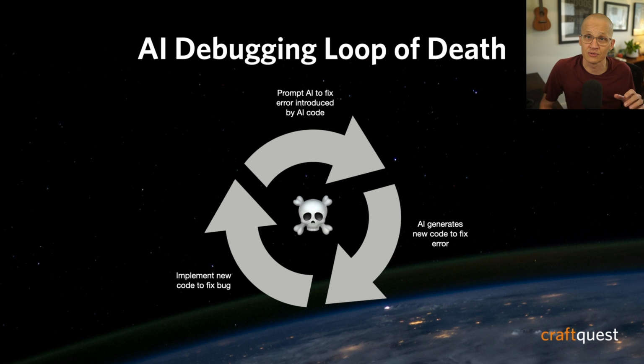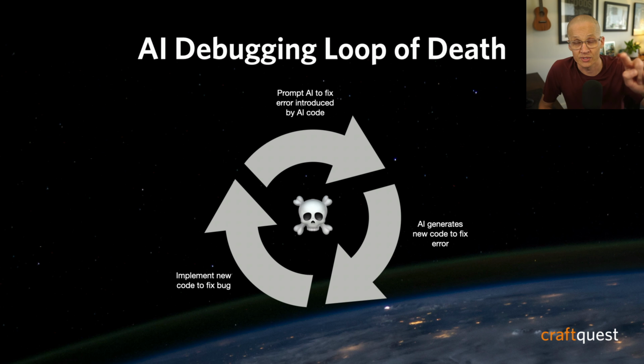Let's say like Kotlin, it doesn't build. So you prompt the AI to fix the error introduced by the AI code. The AI generates new code to fix that error, and then you implement that new code to fix the bug, and then the build doesn't work again, but with a different error.